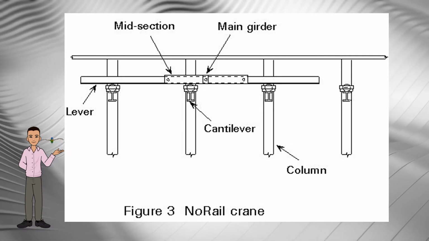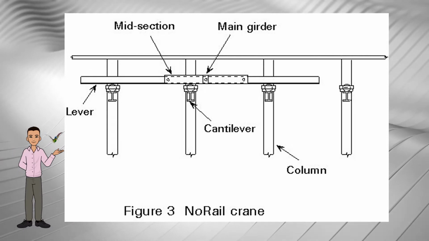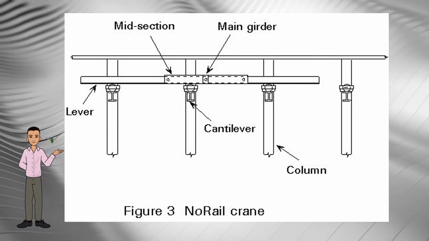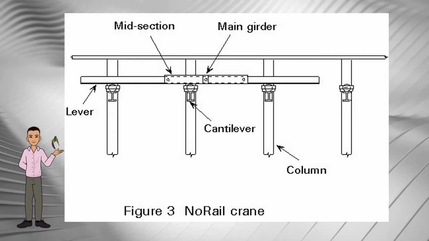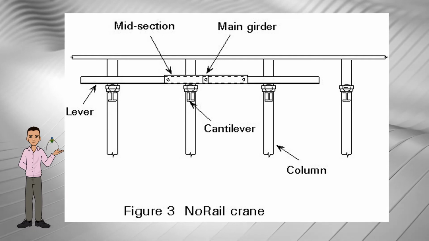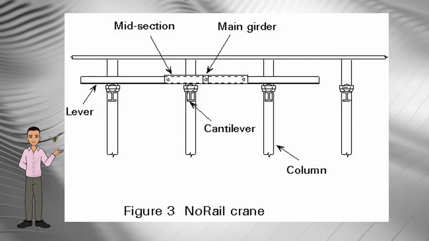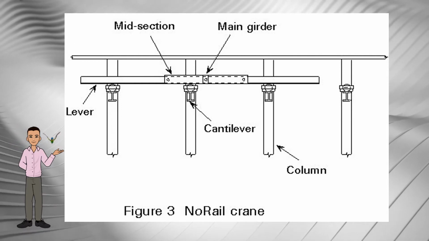These rails run along a series of stationary wheels. The rails are designed to be somewhat longer than the maximum distance between three adjacent support points, so that the crane is always supported by at least two wheels on each side, as shown in Figure 3.